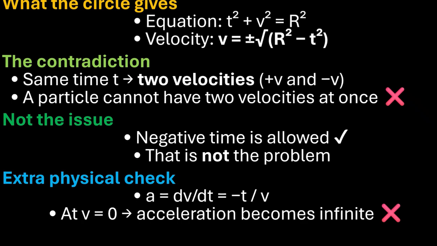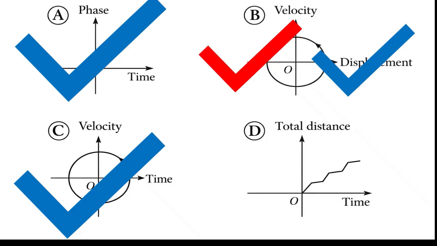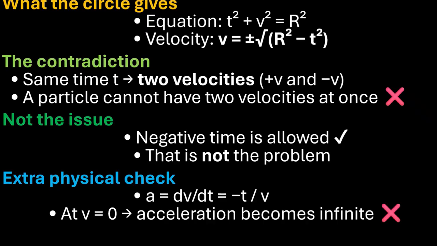And along with this, we have two different problems. If a is equal to dv by dt, from the graph we get 2 points where the slope is 0 and the slope is infinity. Slope 0 is valid, but slope infinity is not valid. So you can't make two observations, one which is physically possible and the other physically impossible, from the same graph at the same time.